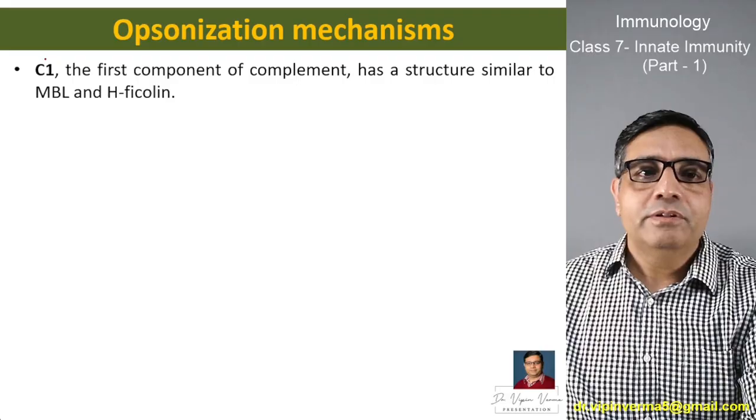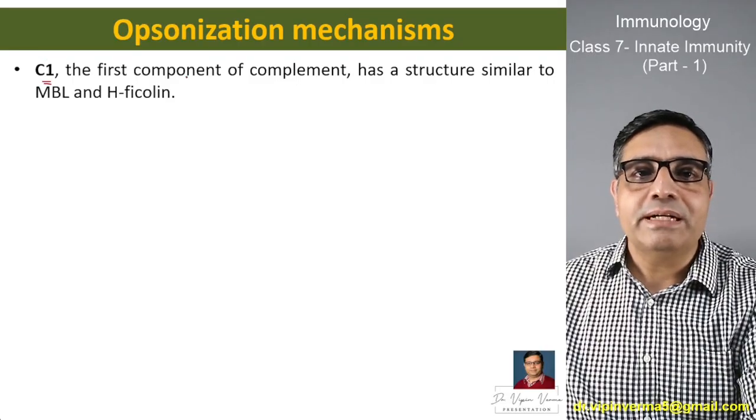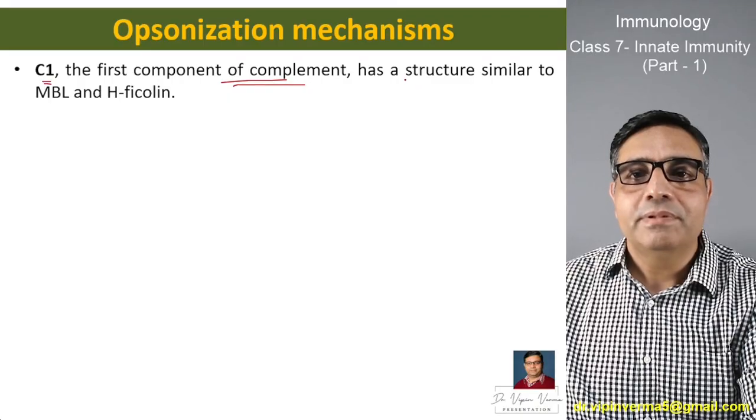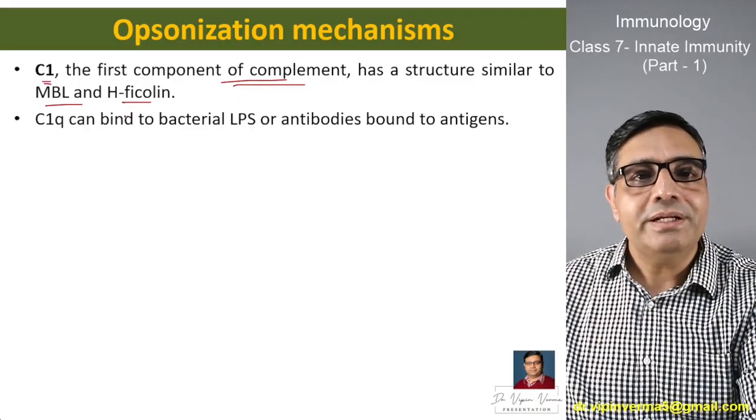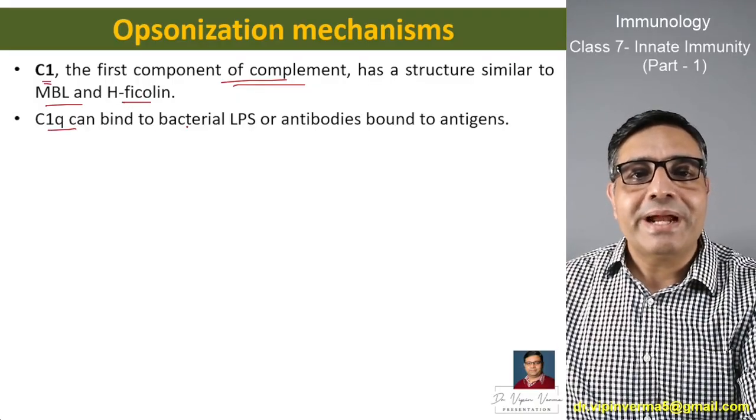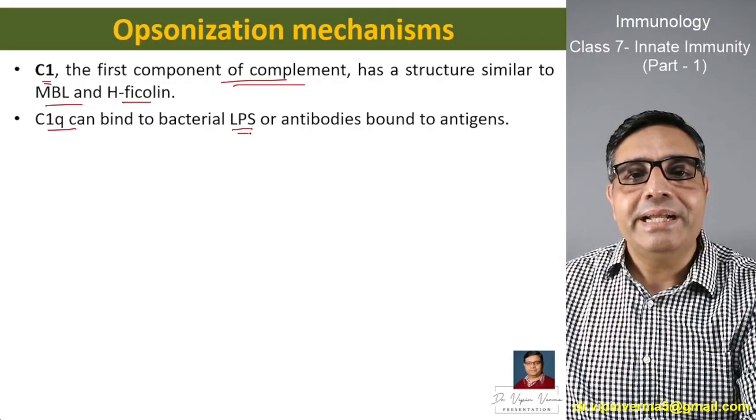Now C1 is what? It is the first component of the complement system. It has a structure similar to MBL and ficolins, whose structure we just saw. Now C1q can bind to bacterial lipopolysaccharide or antibodies bound to antigens.